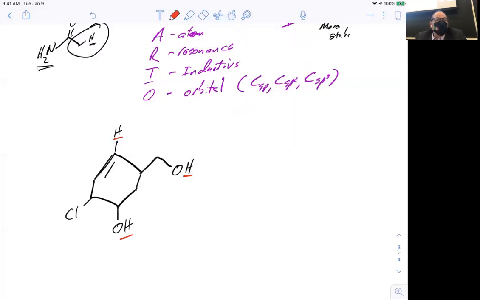It's always a good idea to draw the conjugate bases. You can do like I did, time saving, and just not show the entire molecule, just show the functional group, the important part.